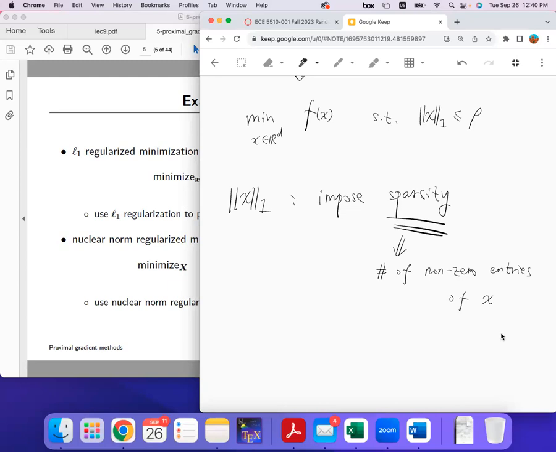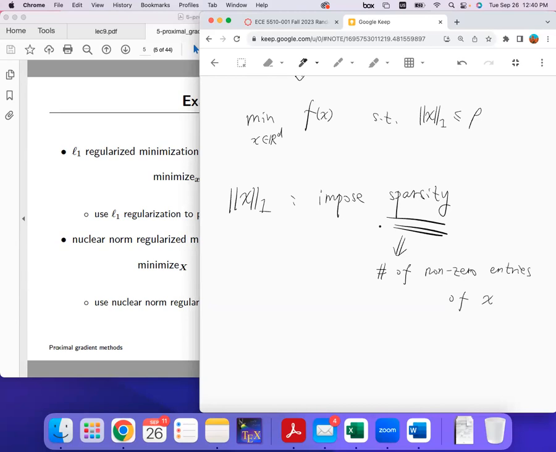So you can view sparsity as a kind of information compression. There's a lot of redundancy in many of the signals that we see in daily life, and if we find a proper model for those signals, we may end up with a very sparse representation. So this is a very important topic, and we will see many applications in the homework.